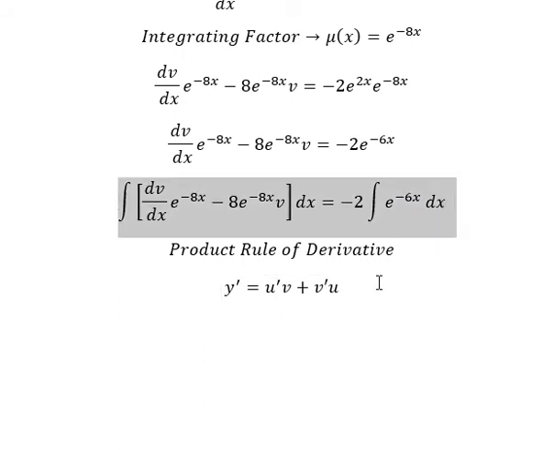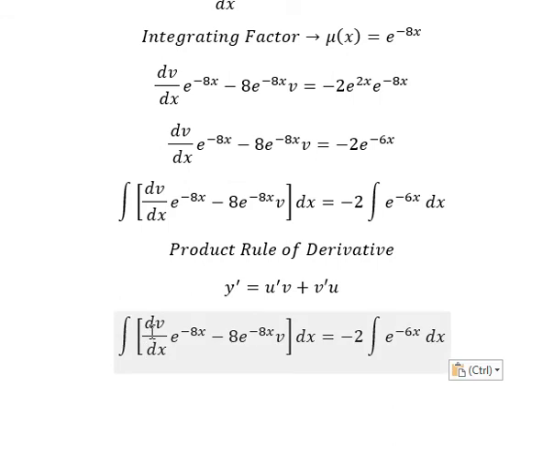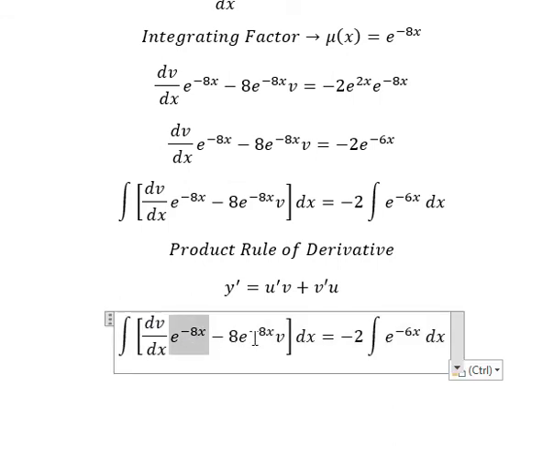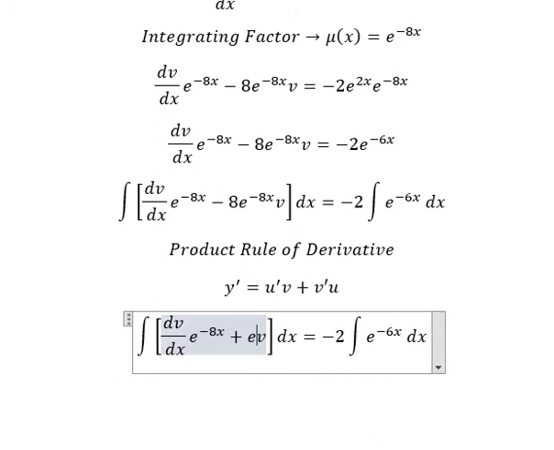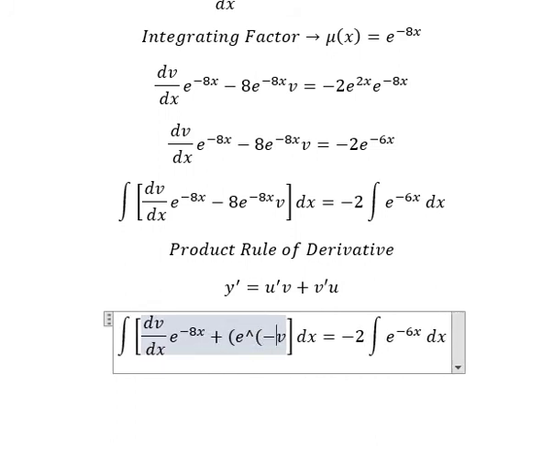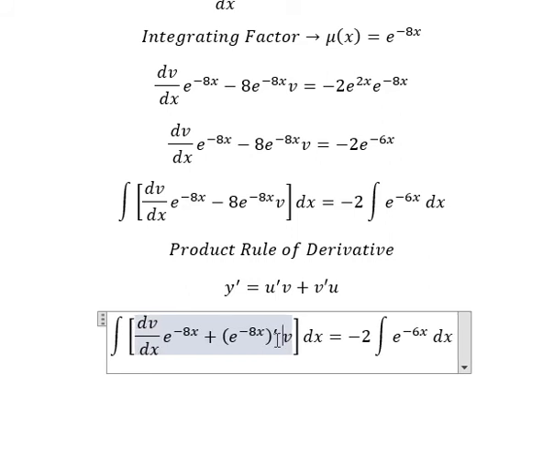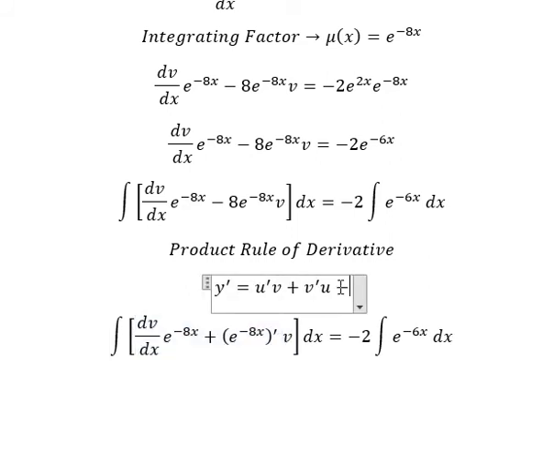So if I look carefully, this is the first derivative of u multiplied by v. This one is the first derivative of v multiplied by u. So if we do this integration, we have y equals to uv.